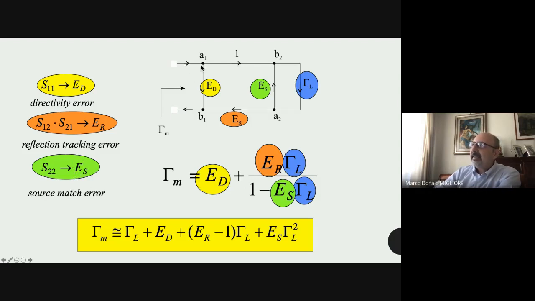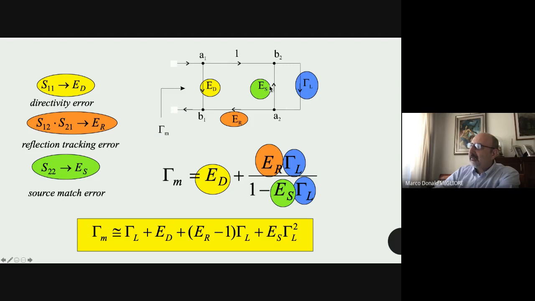And this is a scheme of a graph of the signal. The signal in practice finds a first reflection at the first port, and this is due to E_D. Then it goes on through this equivalent error circuit. It reaches the load gamma L, then it's reflected.